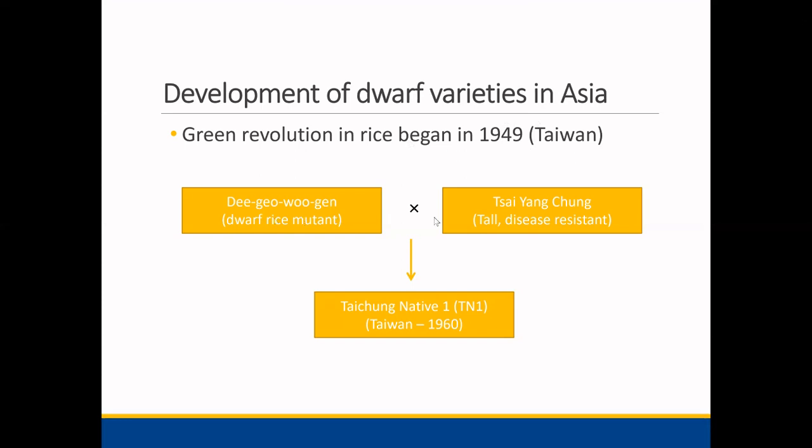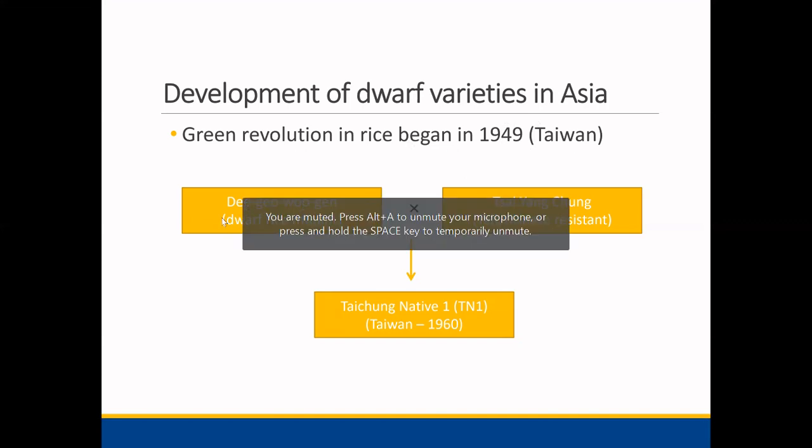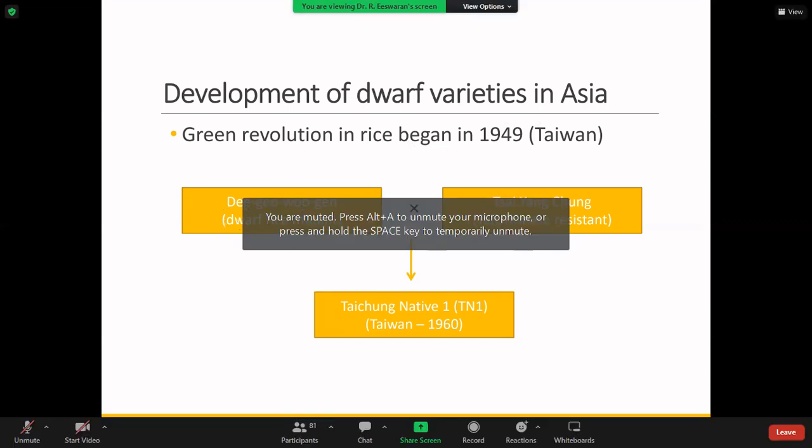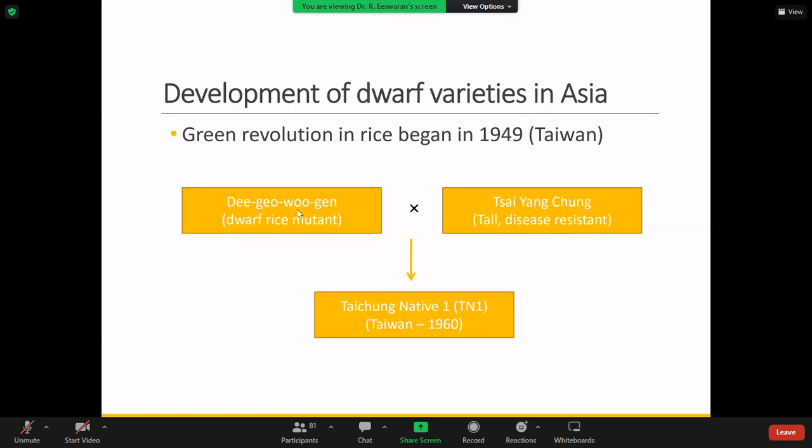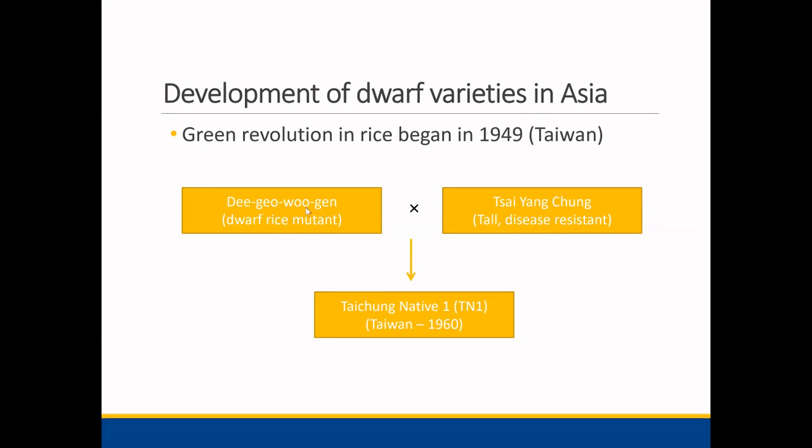And these are the two parents they used in Taiwan. I am talking about Taiwan. So the first one was the very popular one, Dee-geo-woo-gen. Sometimes they abbreviate it as DGWG, right? Because this particular rice variety had that short character.